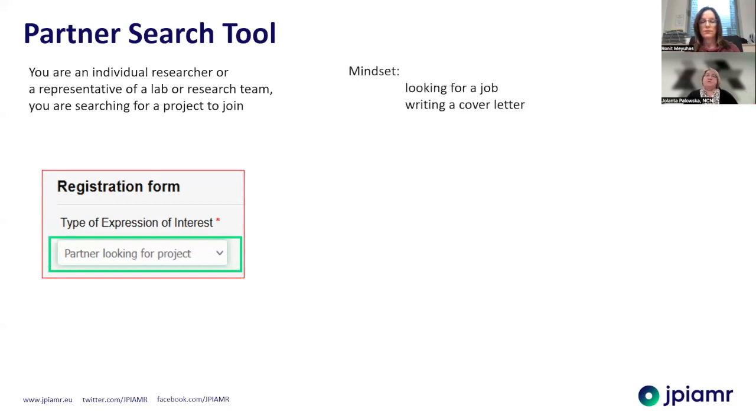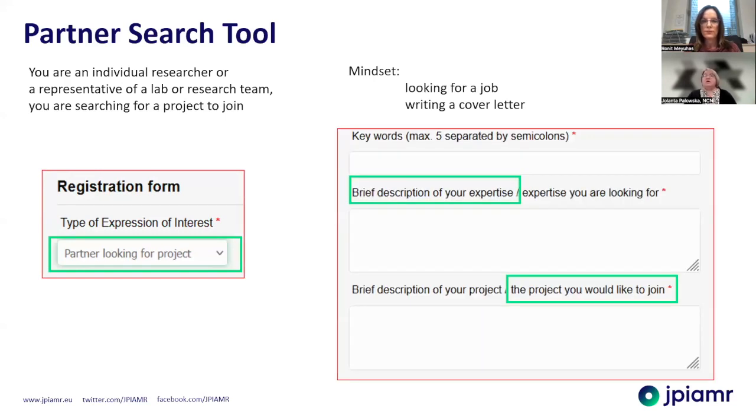So when you then start completing the descriptive questions, your mindset would be more similar to a person looking for a job and a person who's trying to write a cover letter. So it would be good to put here a brief description of your expertise and a brief description of the project that you would like to join.